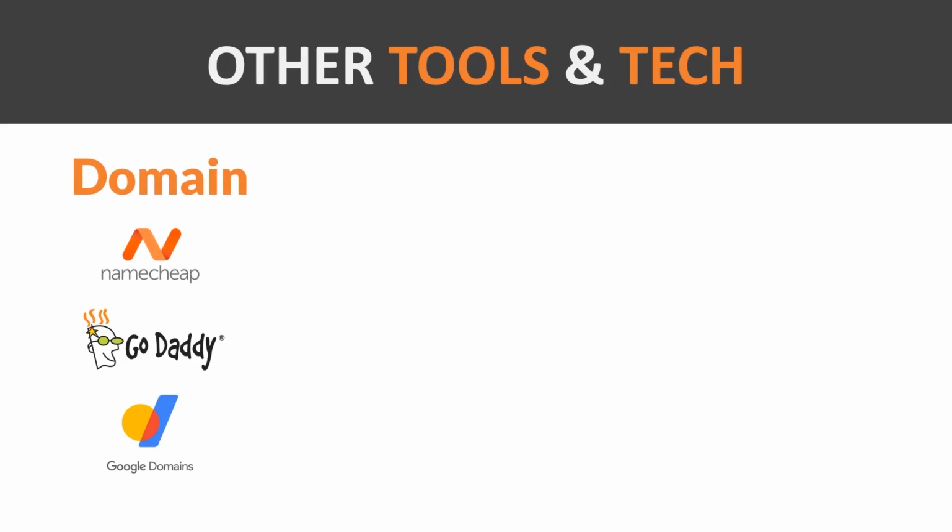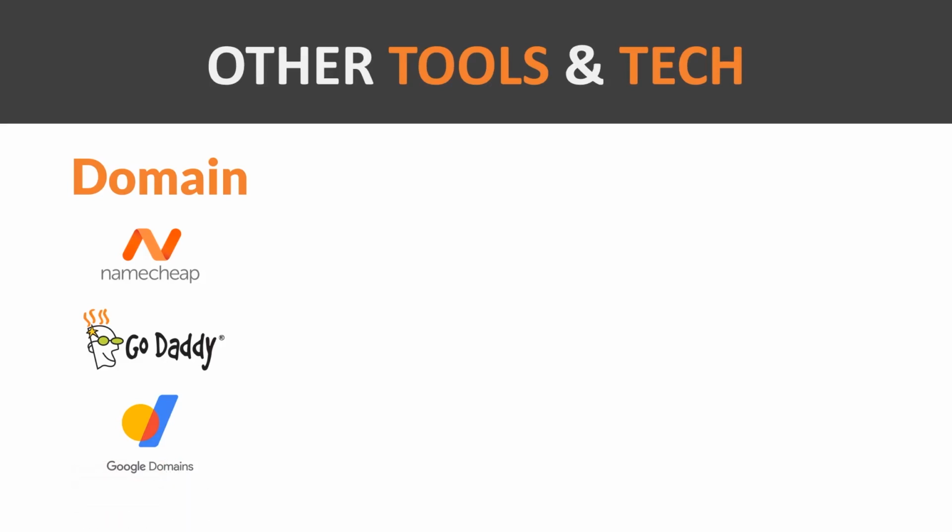If you're looking for a cheaper domain, I'm not sponsoring these websites, I'm just sharing information with you, that Namecheap gives website domains for a very cheap amount. Yes, it's really true when compared to GoDaddy and Google Domains.